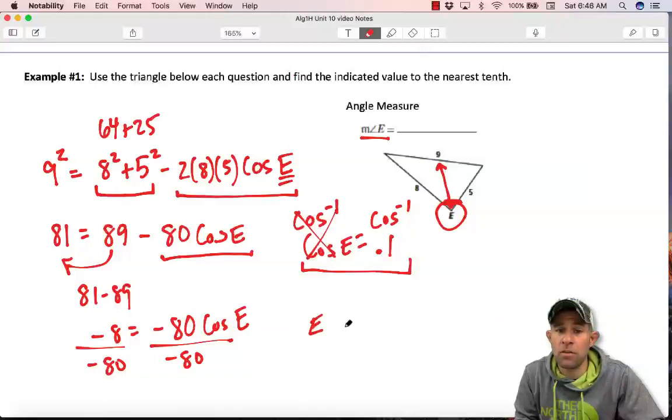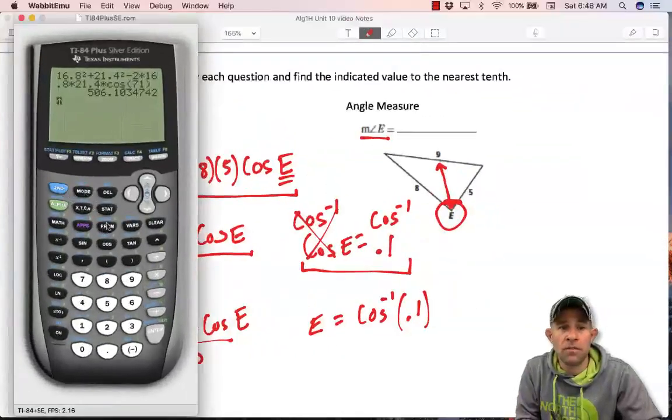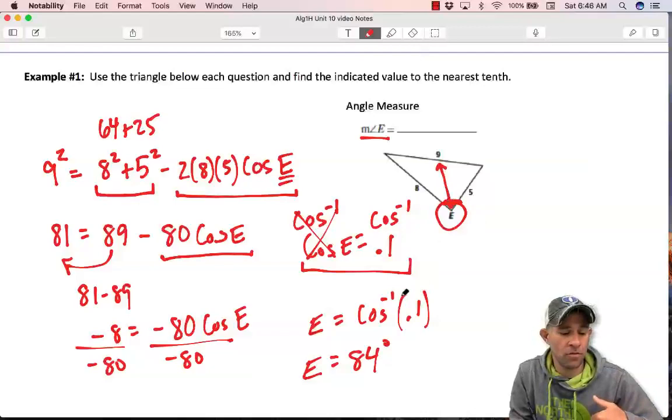So this is going to give me the measure of angle E is equal to the inverse cosine of 0.1. So let's go to our graphing calculator here. We'll take the second function, cosine of 0.1, and this will give us our angle measure of 84 degrees. All right, so the measure of angle E, we say, is 84.